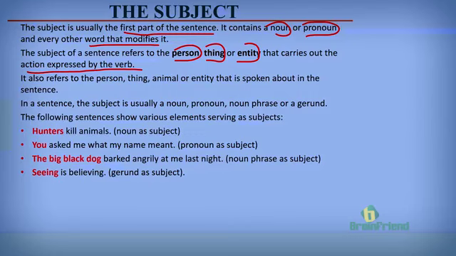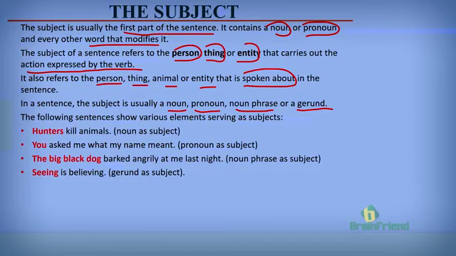It also refers to the person, thing, animal, or entity that is spoken about in the sentence. In a sentence, the subject is usually a noun, a pronoun, or a noun phrase, or a gerund. Now let's look at these sentences and properly identify the subjects from these sentences.